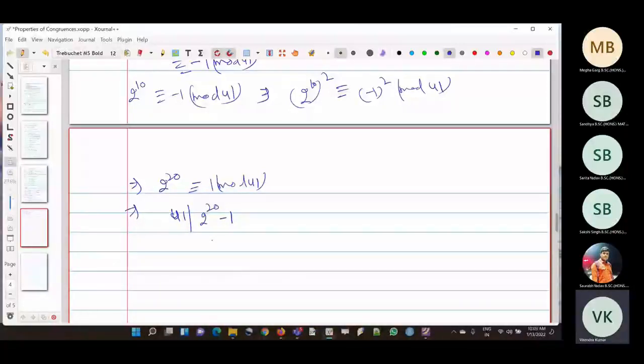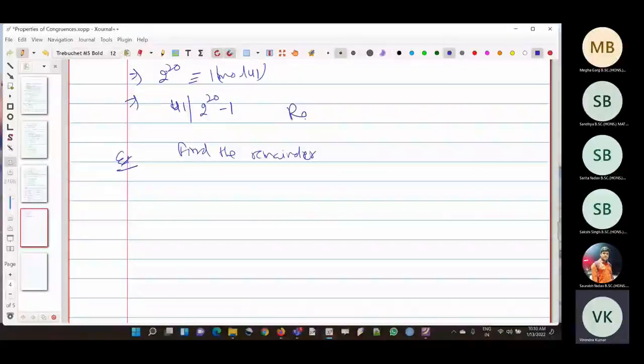Let us see another example. Find the remainder when 1 factorial plus 2 factorial plus 3 factorial plus 4 factorial plus 5 factorial, and so on, up to, for example, 100, or we can write 1000 factorial, is divided by 12.